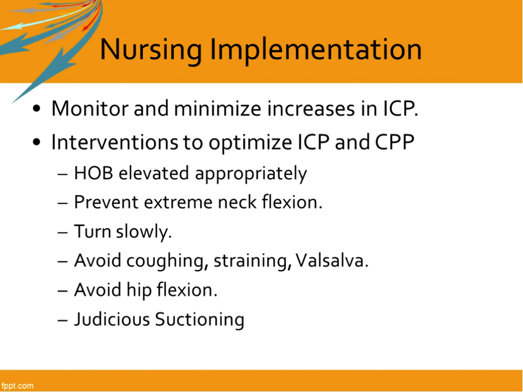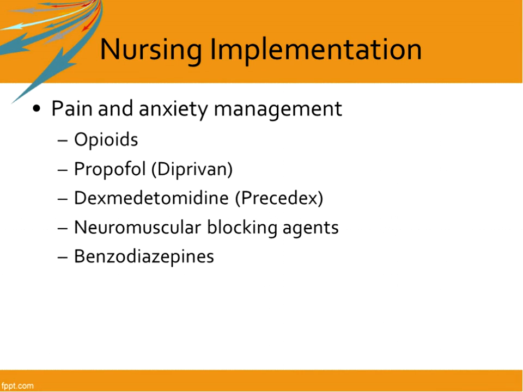We want to prevent discomfort, because pain and agitation increase intracranial pressure. An increased intrathoracic pressure is going to increase ICP, so that can happen with coughing, straining, and the Valsalva movement. Any type of extreme hip flexion can possibly cause an increase in intra-abdominal pressure, which in turn increases ICP. A lot to remember and think of.